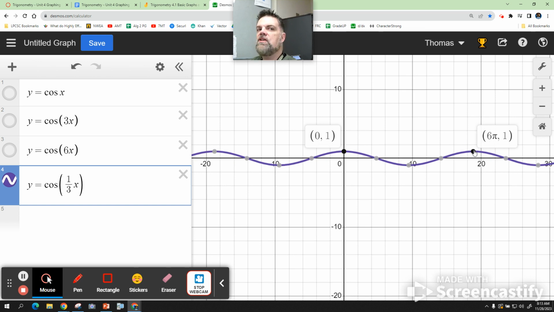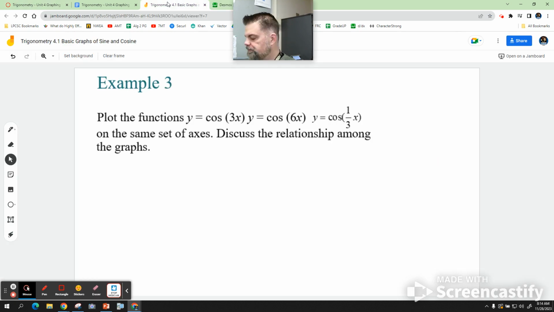So my question to you is, what do you think 2 pi divided by 1/3 is? When you divide by a fraction. In other words, let's write all this out. Y equals cosine of 3x, and then we're going to talk about the period.